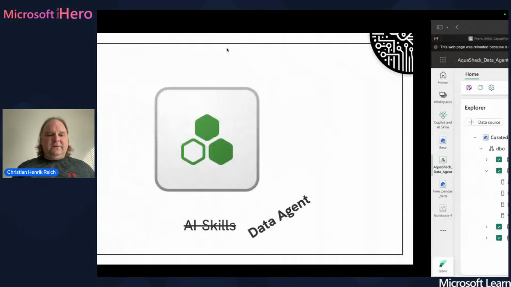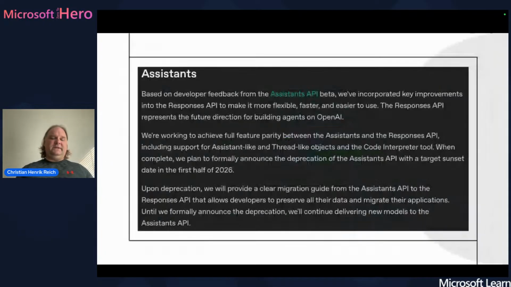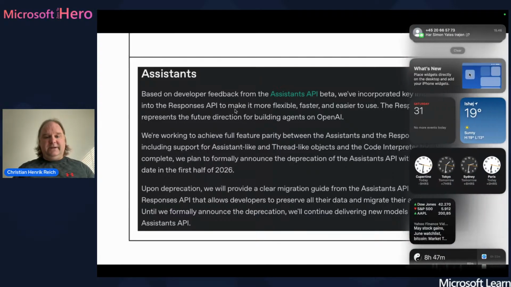The reason I'm not going to show so much of it is that one month ago I was presenting it, and then we used the OpenAI Assistants. That's an API which was a middle layer for this.